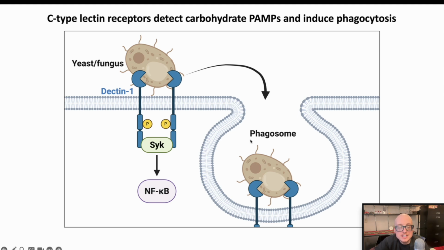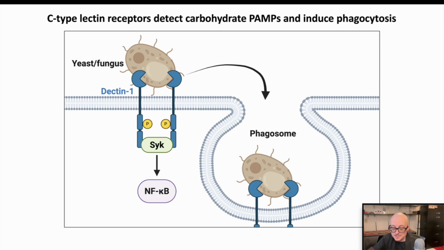And we saw that actually C-type lectin receptors were one of the 4 types of surface receptors that induce phagocytosis on the surface of phagocytes. Here we're seeing them again in the context of immune signaling. So activation of a C-type lectin receptor like dectin-1 is going to induce internalization of a phagosome, and that's also going to be an important effector outcome because it's going to lead to the degradation of whatever we've internalized, like this yeast in this example.